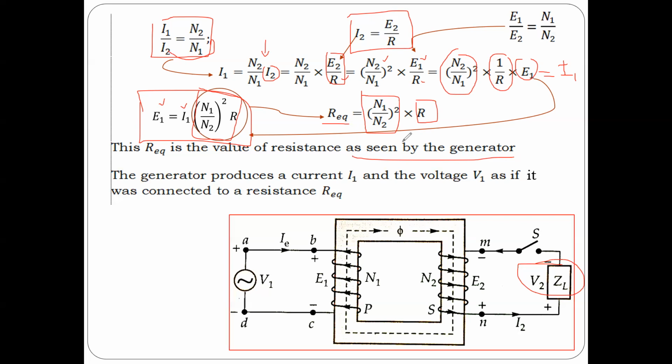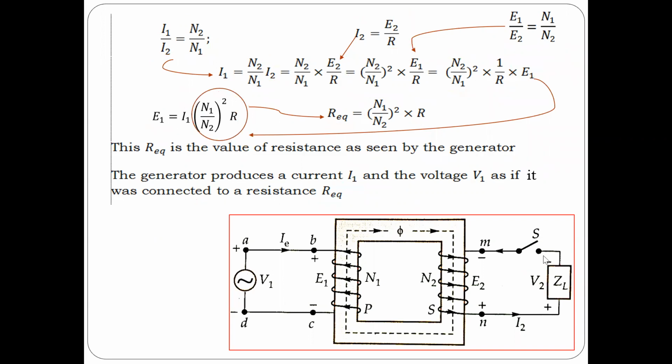And this has a very important significance. I'll tell you why. But for now, just understand that the generator would produce current I1 and voltage V1 such that it is connected to a resistance which is R equivalent and not R as before. Now, what are the consequences?